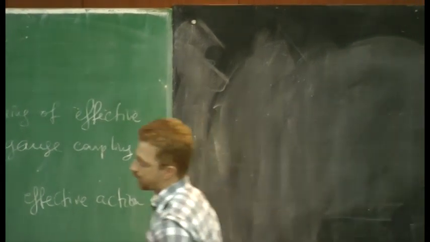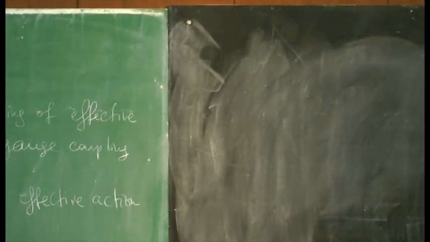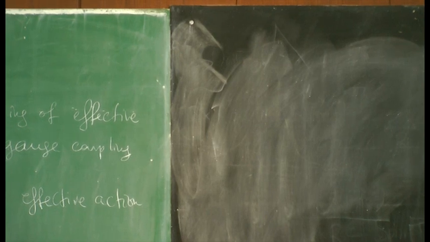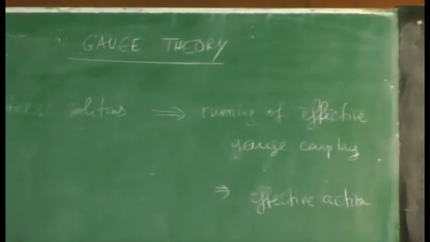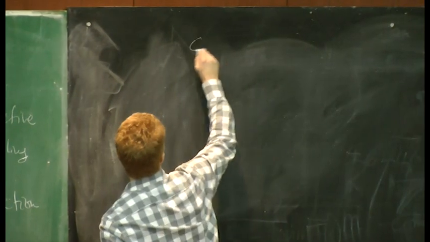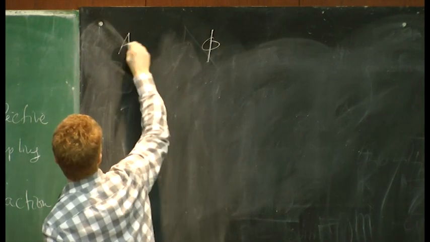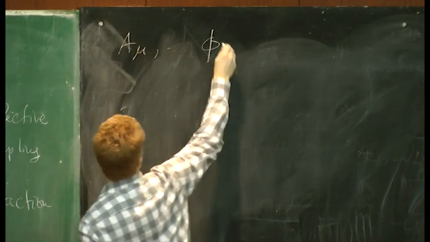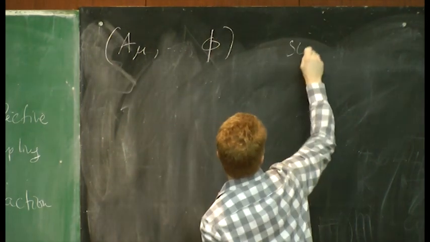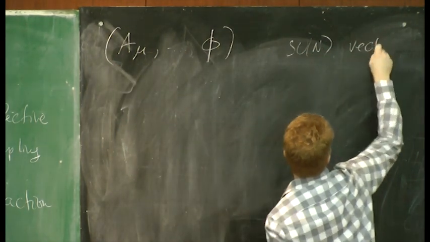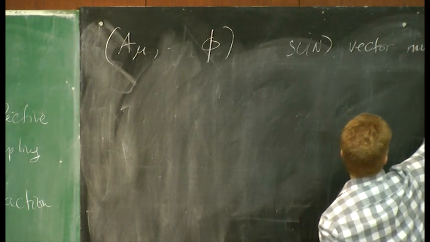So what do we expect in general? We start with SU(N) gauge theory. And if you just look at the classical Lagrangian, remember there was this scalar in the vector multiplet. So this is the SU(N) vector multiplet.